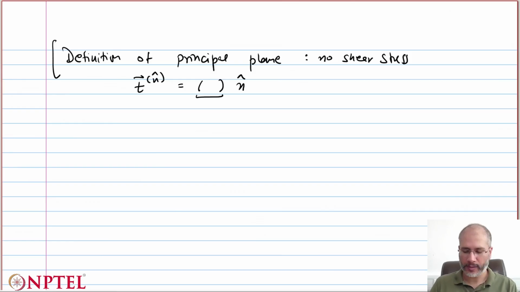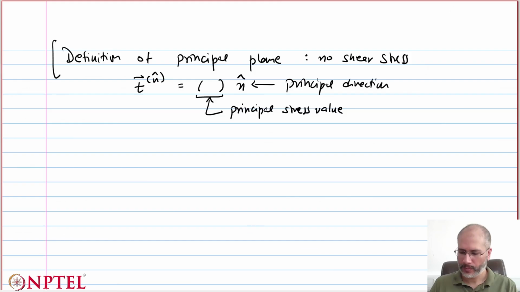So this value that we get here, if you recall, is called the principal stress. And n hat is called the principal direction. So this is from earlier discussion. Now let's look at this situation.